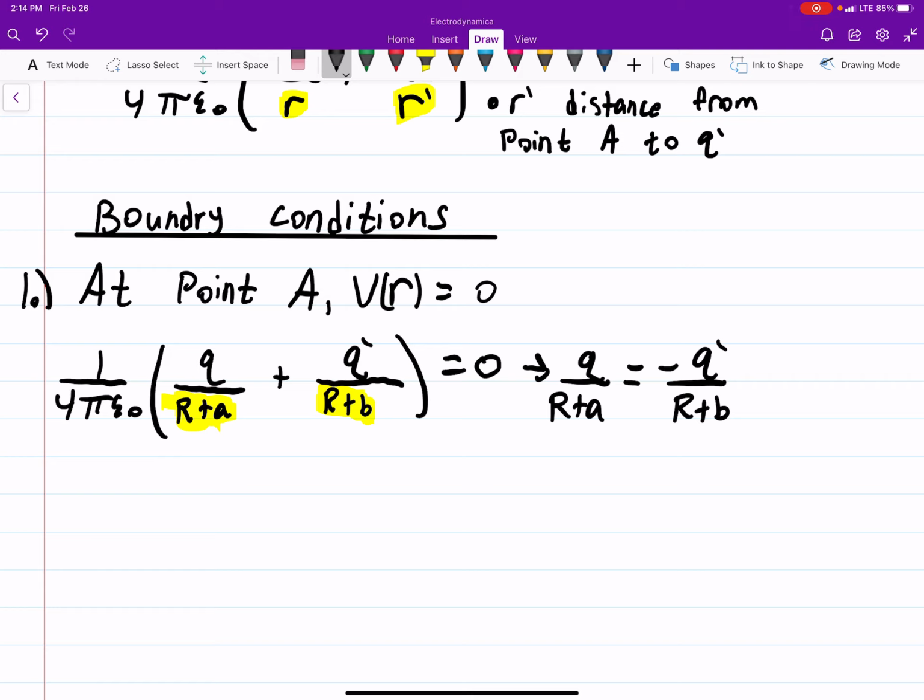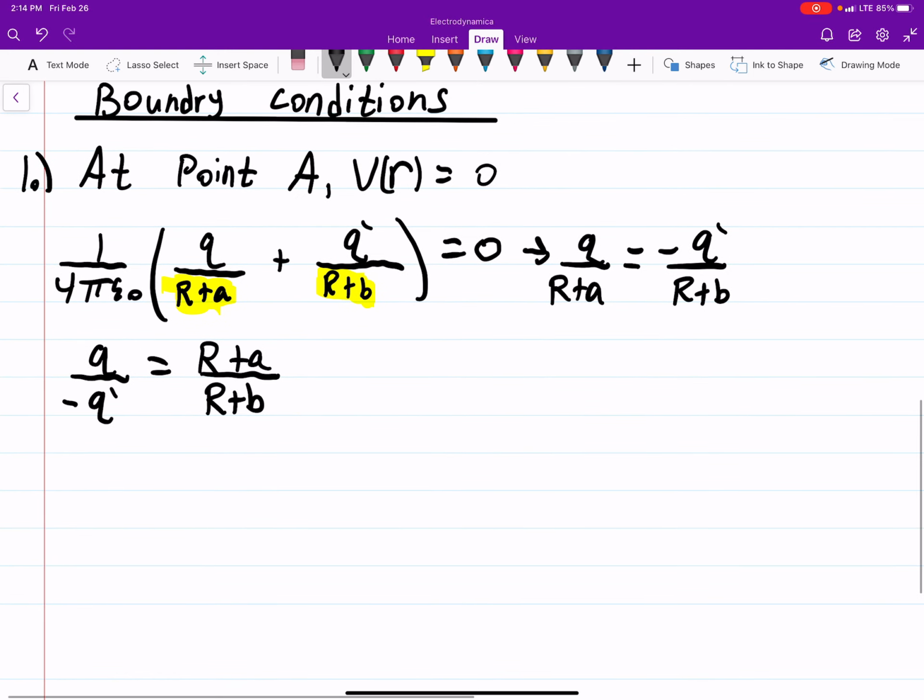Okay, so the other thing I'm going to do is I'm going to say big Q, or real Q, over negative the imaginary Q is equal to R plus A over R plus B. Okay.